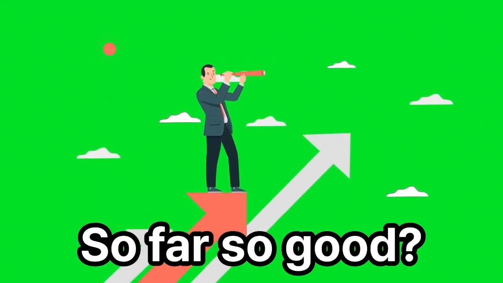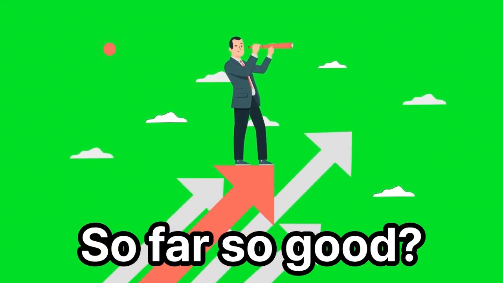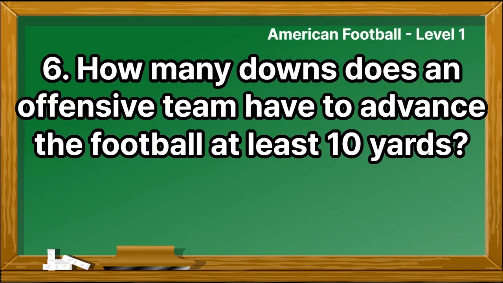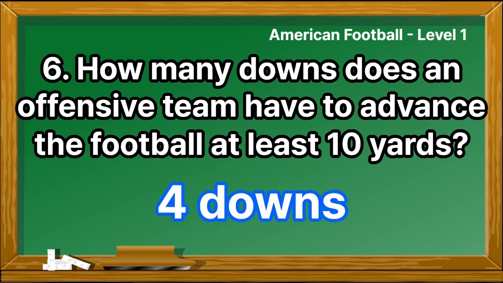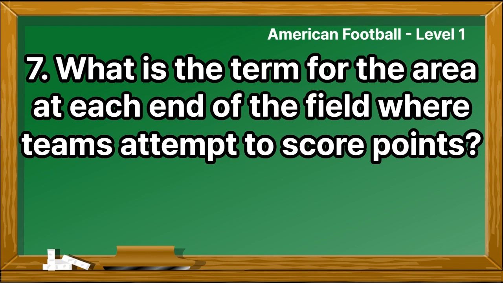So far so good? How many downs does an offensive team have to advance the football at least 10 yards? Four downs. What is the term for the area at each end of the field where teams attempt to score points?